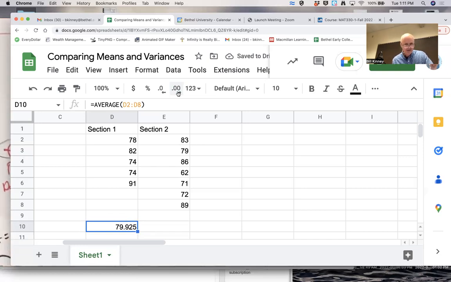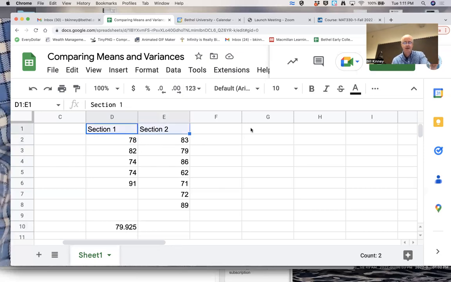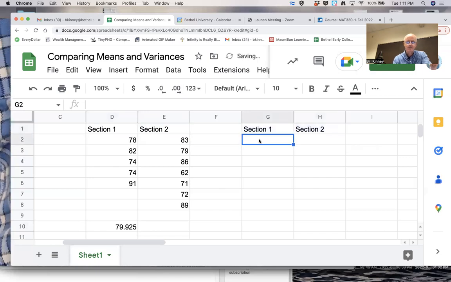Why are we getting not 79.8 here? I don't know if section 1 rounded the right way. I thought I saw some that under. Oh, it's okay. It's using the full decimal places instead of the rounded numbers. That's why. Okay, maybe I should retype these over here.